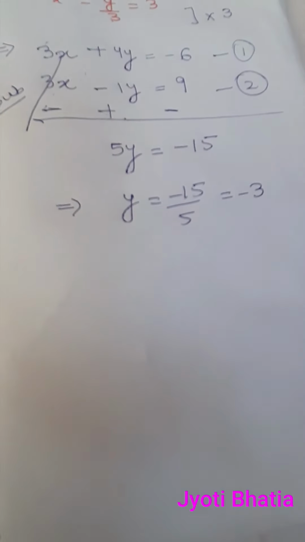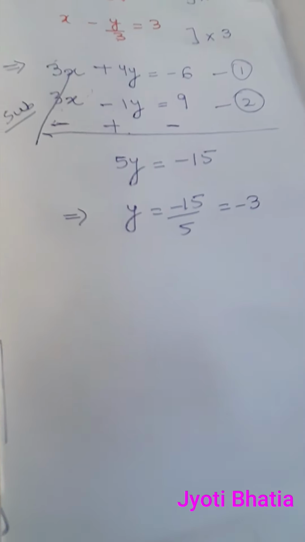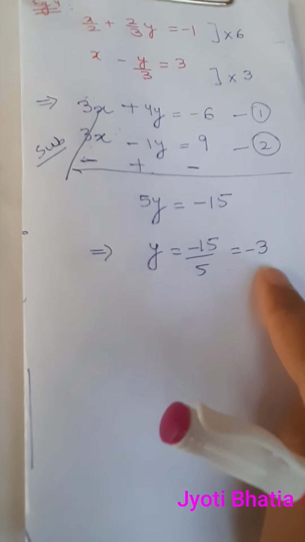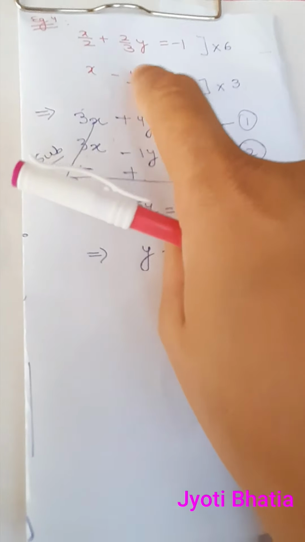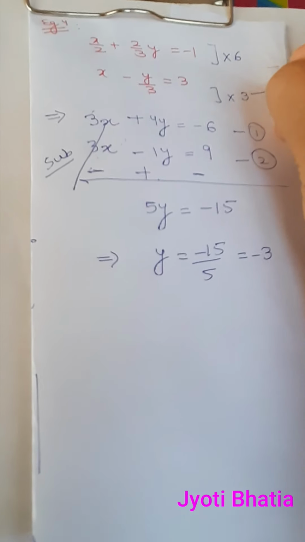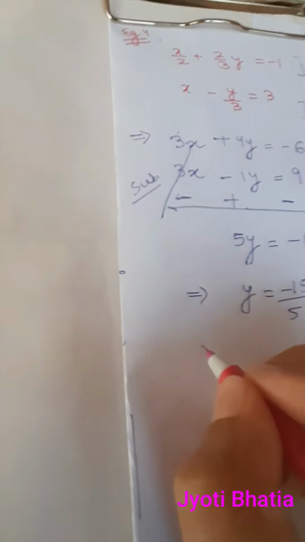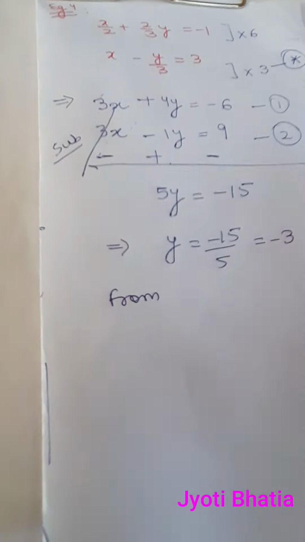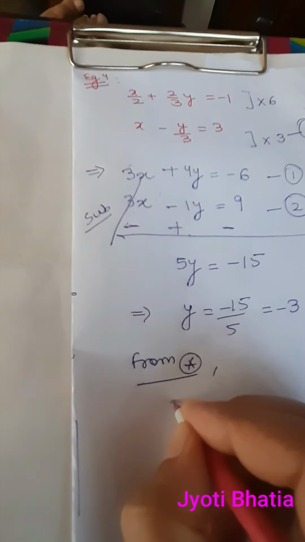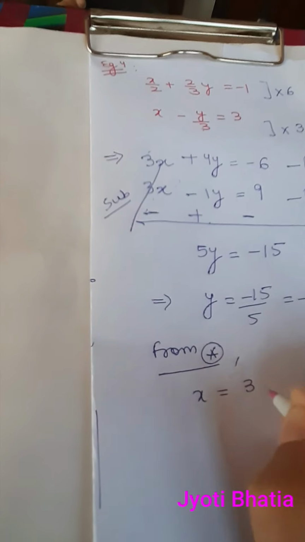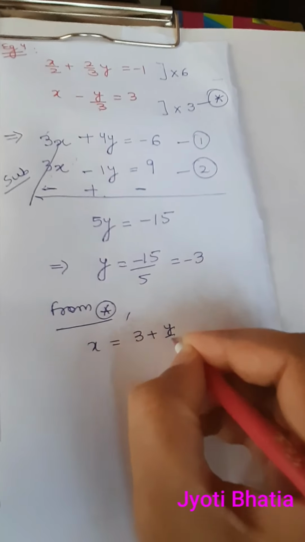Alright. Now you take either 1 or 2 to get the value of x. And if you want, you can use either of these equations as well to find x. Suppose I take this star equation. So from star, you can see x will be 3 and minus y by 3 will be shifted on RHS.